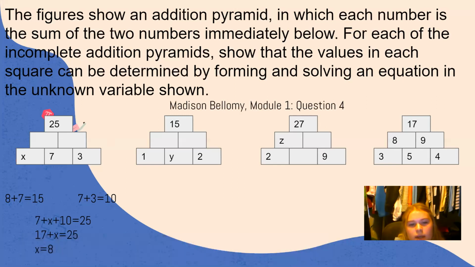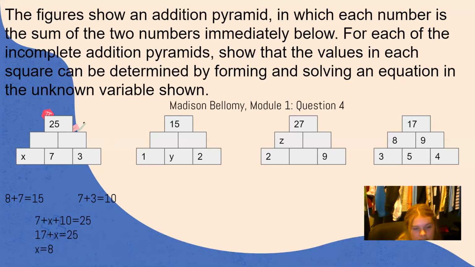All right, so let's go ahead and look at the second equation. Addition pyramid. So we have y in place for a number in the center and two blank squares at the top. So to create an equation for this, the bottom row is going to be the sum of the top row.